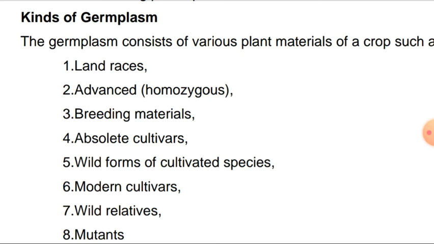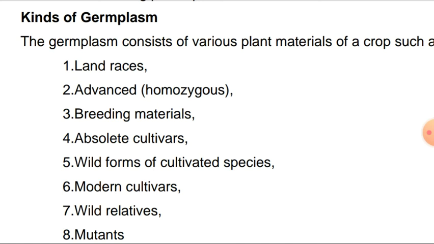The second type or kind is advanced breeding lines or homozygous lines. These are homozygous lines, and they are pre-release plants developed by the plant breeder with the help of a scientific breeding program. They are also called advanced lines, cultures or stocks. Because of the scientific breeding program, homozygous lines can be developed.